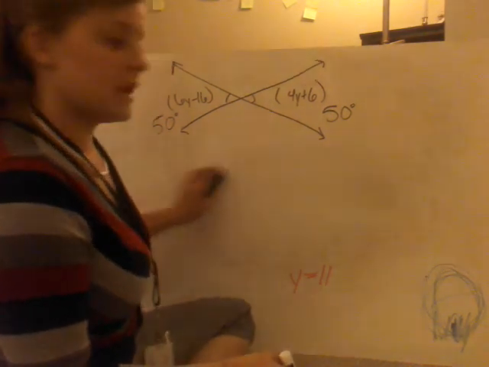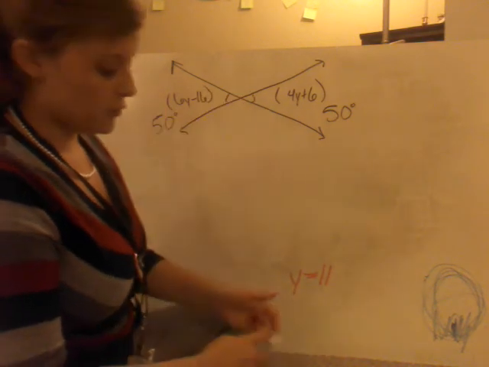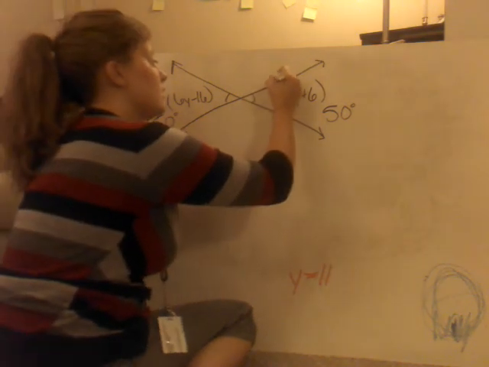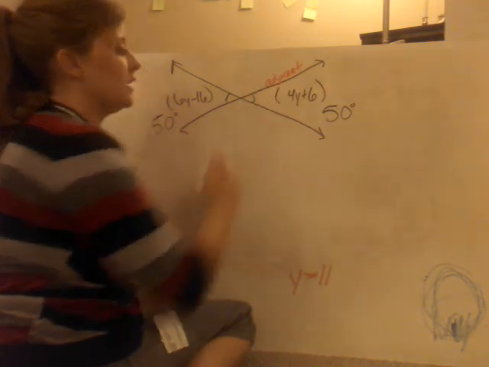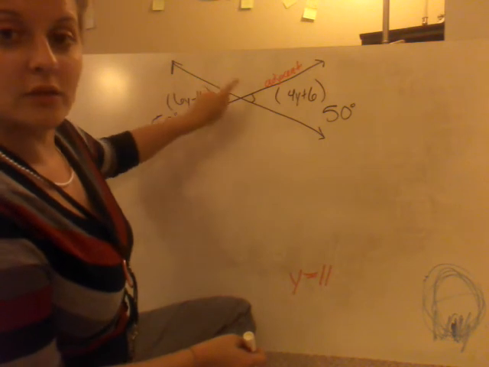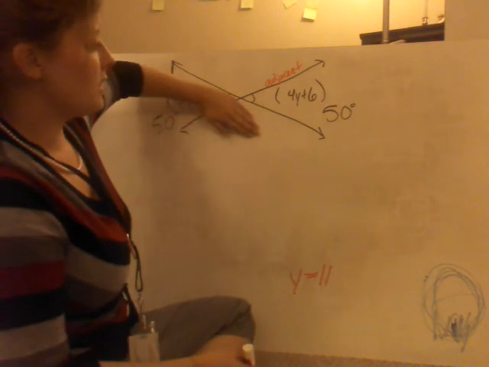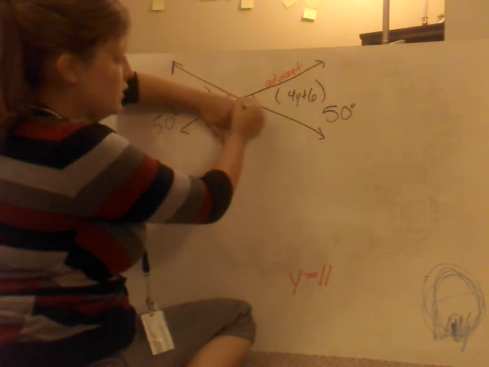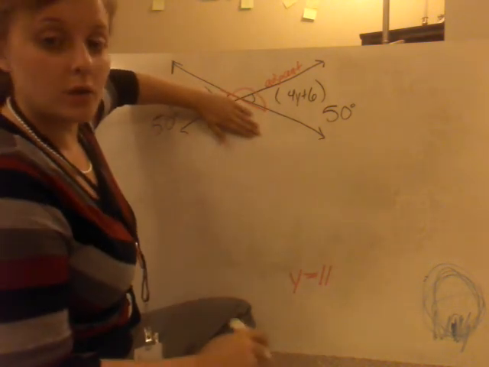Now, another question I could possibly ask on the quiz tomorrow is, what are the adjacent angles? Remember, an adjacent angle, right here, this is the adjacent line or side, making this or this an adjacent angle to either one. So if I want this, the rest of this doesn't matter at all. I have my straight line right here. A straight line is always 180 degrees, 100% all the time.